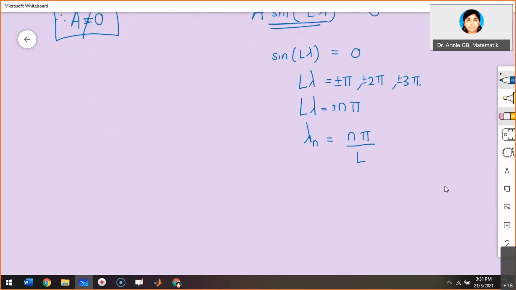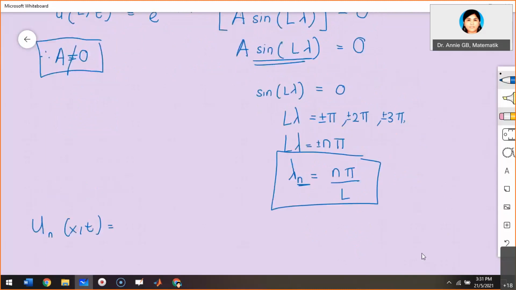Okay, now good. Kita dah ada eigenvalue, hoping that my A cannot be 0. So now putting the solution, what we will have, u_n, sebab dia dah ada n sekarang. u_n(x,t) equals to, tadi kan, yang equation yang saya bintangkan tadi.